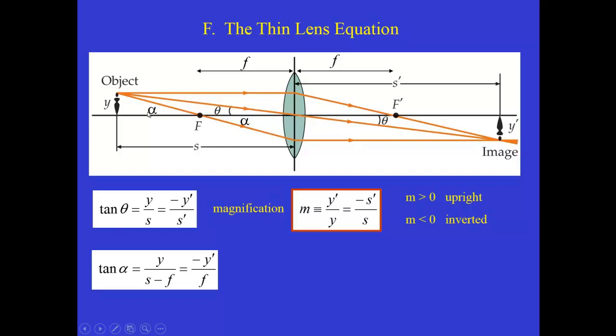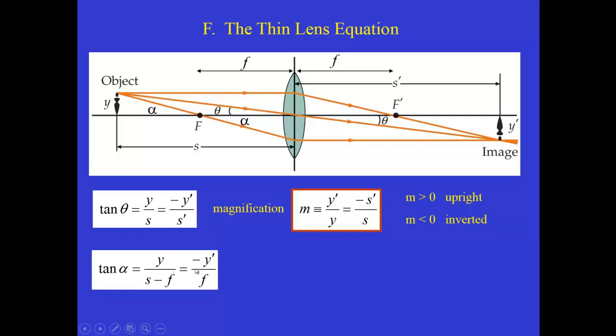There's also two of those. So the tangent of alpha on the left-hand side, tan alpha, would be the height y of the object divided by this distance here, which goes from the object to the focal point. And if you look at that, that's s, the object distance, minus f, the focal distance, the focal length. So that's one expression.